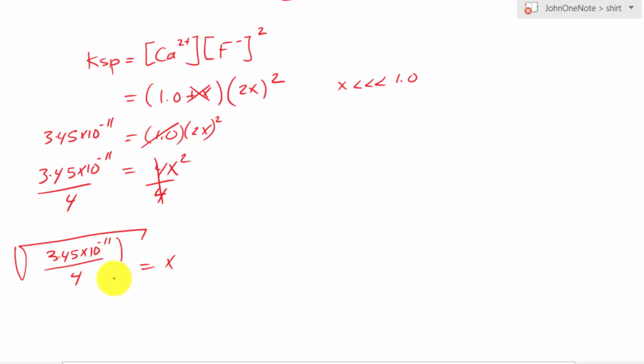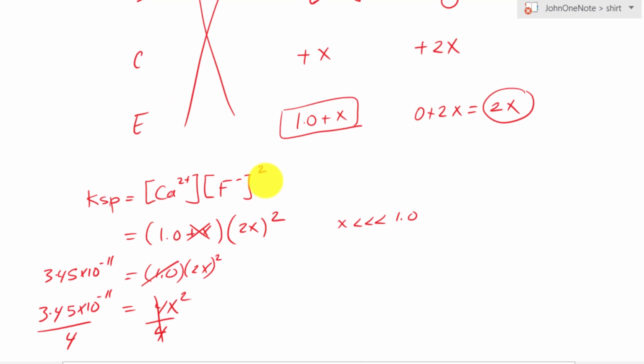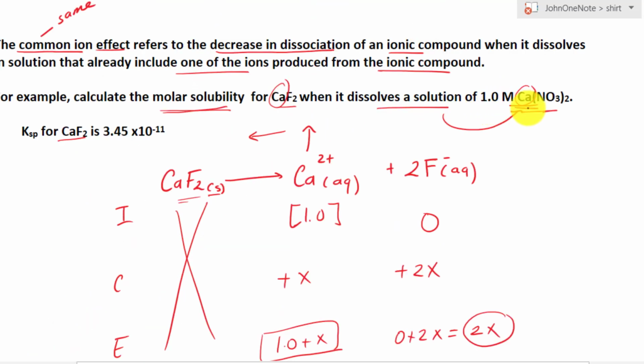And remember, you need to use parentheses to solve this. When we plug it into our calculator, what do we get? x turned out to be 2.94 times 10 to the negative 6. So this would be the molar solubility for calcium fluoride in a solution that contains 1 molar calcium nitrate.